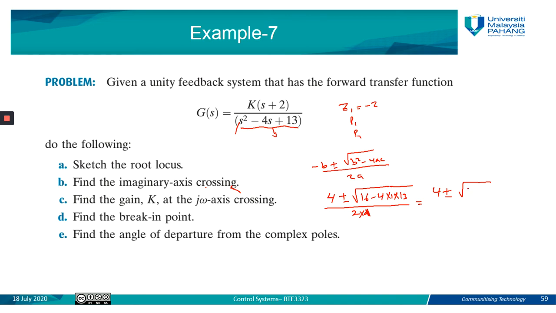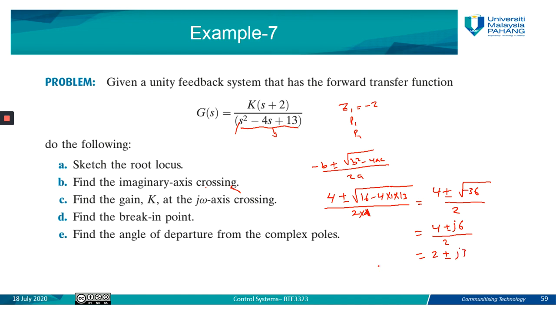So 16 minus 52 is negative 36, so this will be the square root of -36, over 2. When you have the square root of negative 36, it will be plus minus j6, so 4 plus minus j6 over 2, which gives 2 plus minus j3.